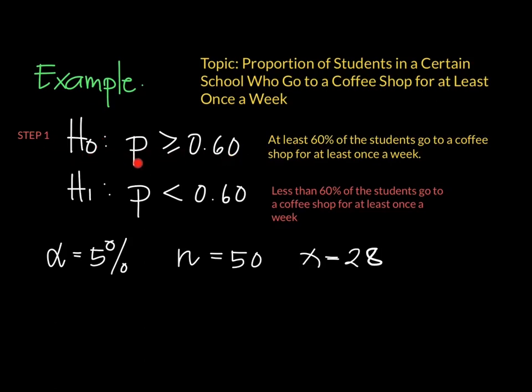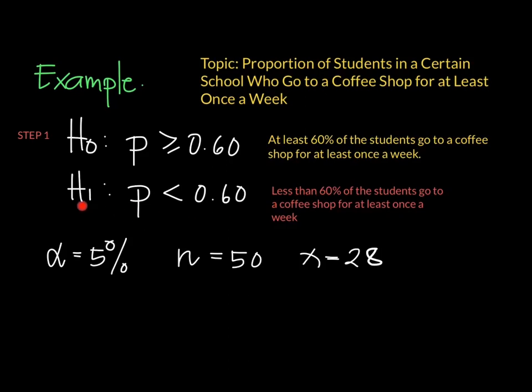Now let's note that the population proportion is denoted as P. So H sub 0, or the null hypothesis, is P greater than or equal to 0.60. The hypothesis that is challenging this null hypothesis is that we might feel that it's not really at least 60%, but it could be lower than 60%.